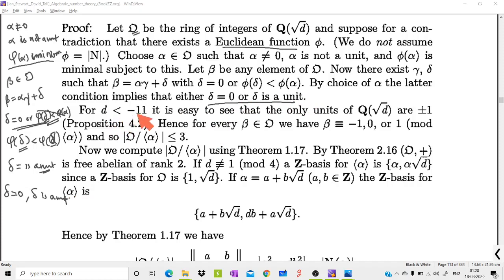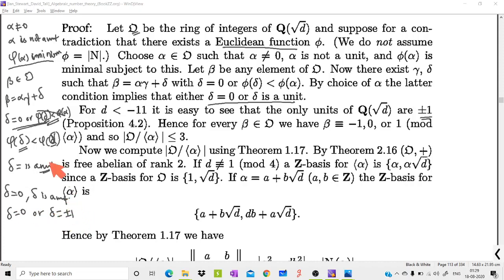For d less than minus 11, it is easy to see that the only units, we already proved in the beginning of this chapter, the units in Q of root d are plus or minus 1. So this again reduces to delta equal to 0 or delta equal to plus or minus 1.